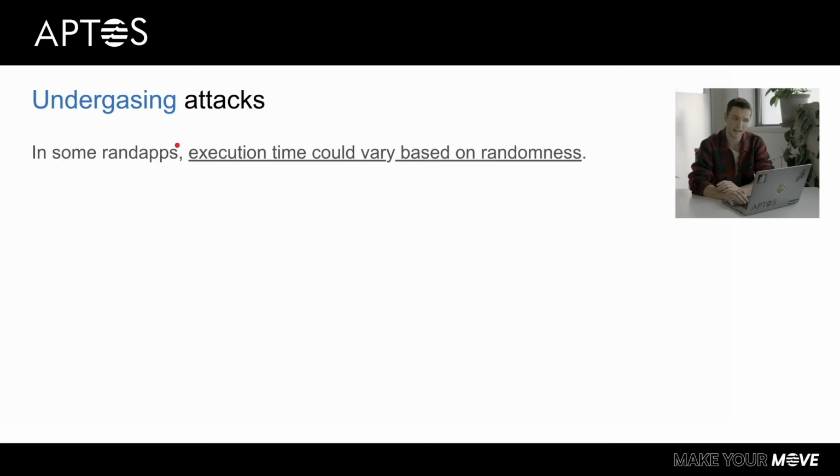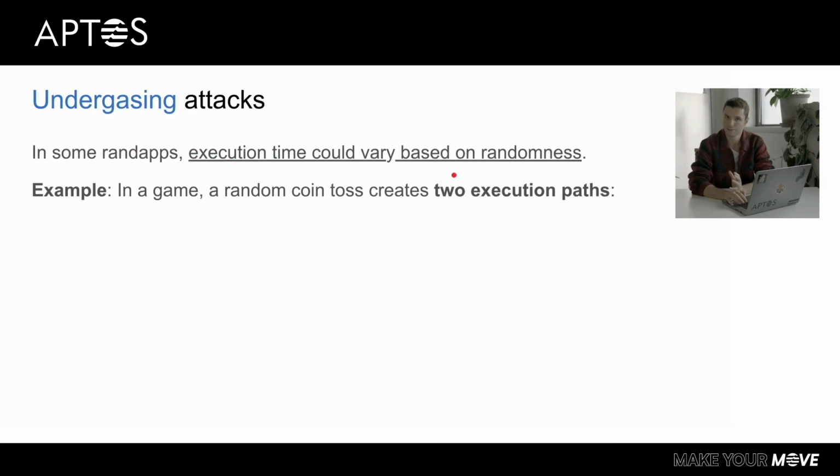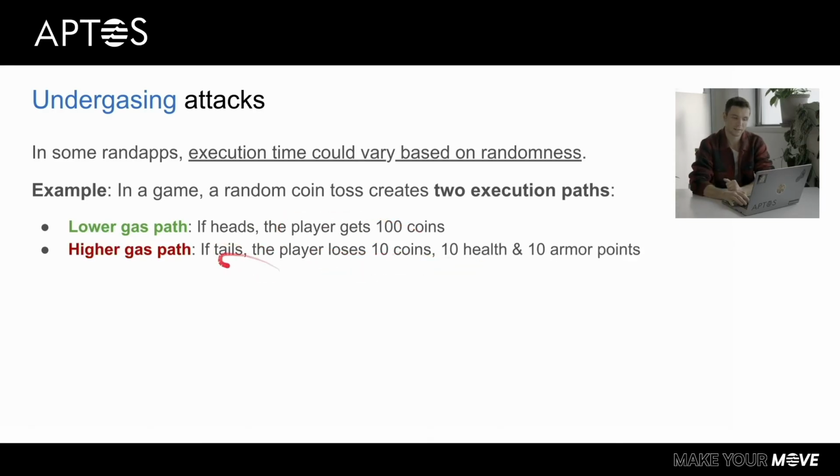Now, there's an even more interesting attack possible. In some randomized apps, execution time could vary based on the sampled randomness. To give you an example, imagine you have a game and you toss a coin. This coin toss will create maybe 2 execution paths in this game. If the coin is a head, then the player might get 100 coins as a reward. And if he tossed tails, then the player maybe loses 10 coins and loses 10 health points and 10 armor points. You can see that this execution path will have lower gas cost than this execution path, because this one is doing 3 different things, whereas this one is just doing 1 thing.